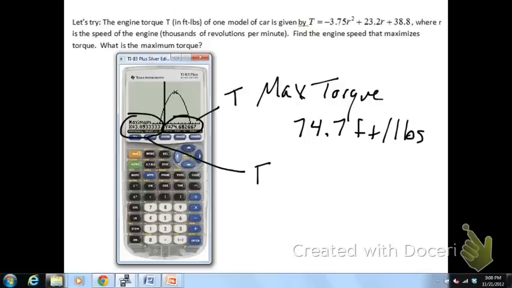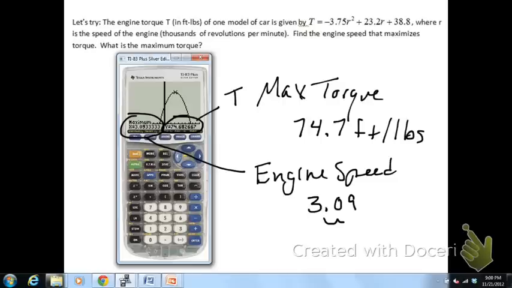So this is the engine speed that will take me there, and that's about 3.09 thousands of revolutions per minute. So if I want to change this into revolutions per minute, we multiply it by 1,000, moving the decimal place over 3 spots.